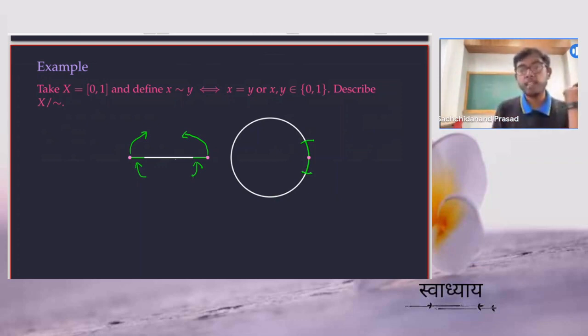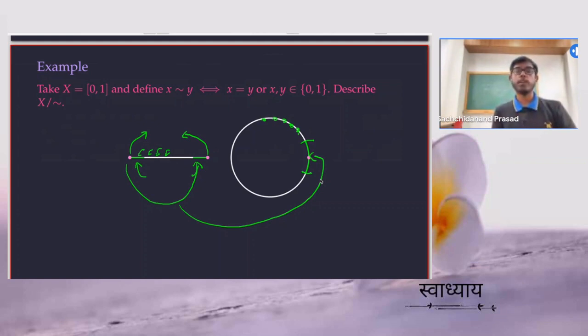So it suggests that all these points I'll send to the corresponding point on the circle, and these two points I'll send to this one. And we already know a map from [0, 1] to S1 which has the above property. That's basically the parametrization of the circle. So how will I write it? A circle I can write with cosine x and sine x, where x is in [0, 2 pi].